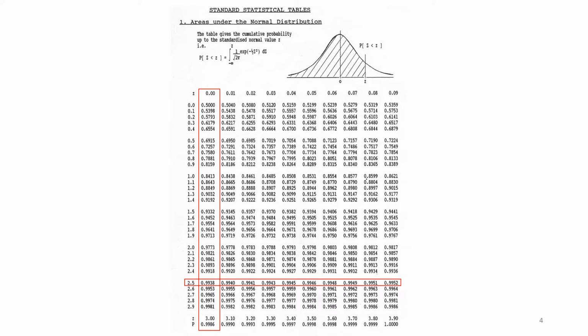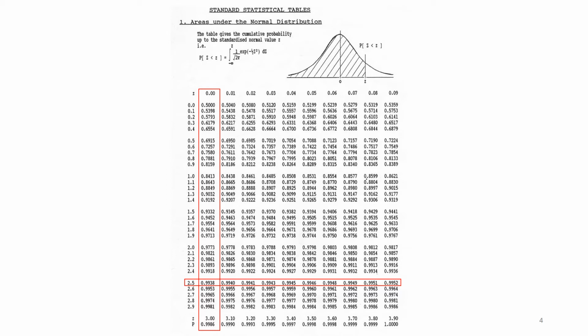So now let's look at the table itself. The first column is the z value to the 10th decimal place, and the top row is the 100th decimal place of a z value. So to find the area corresponding to a z value, you have to find the row and the column for the z value, and the intersection is the area you're looking for.